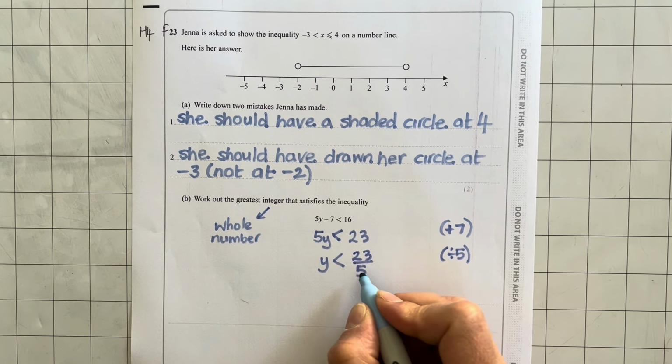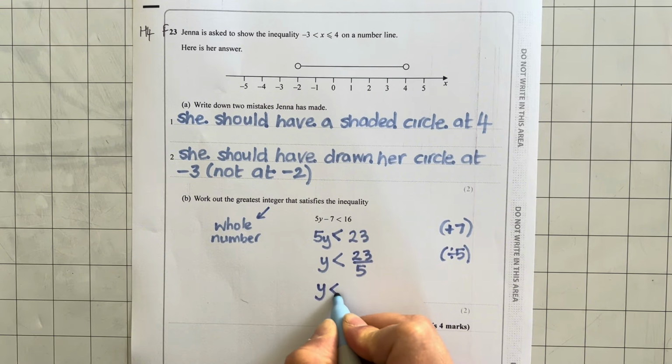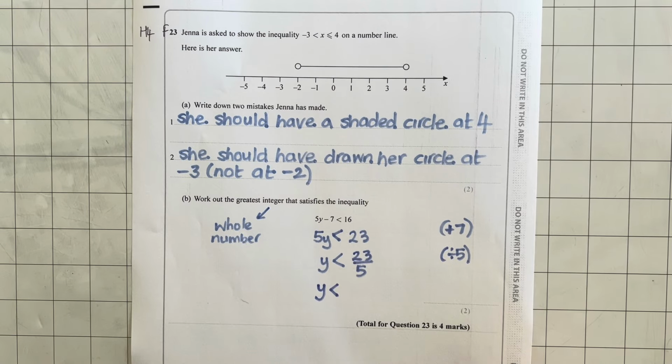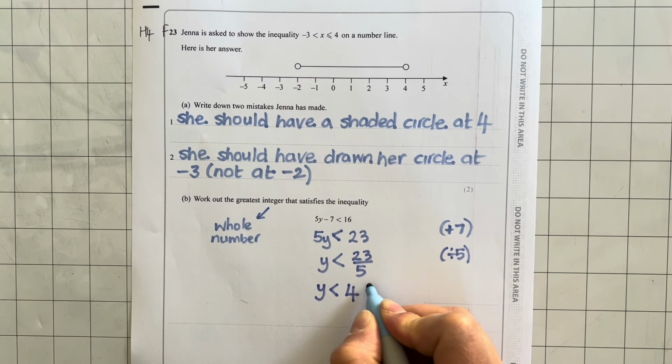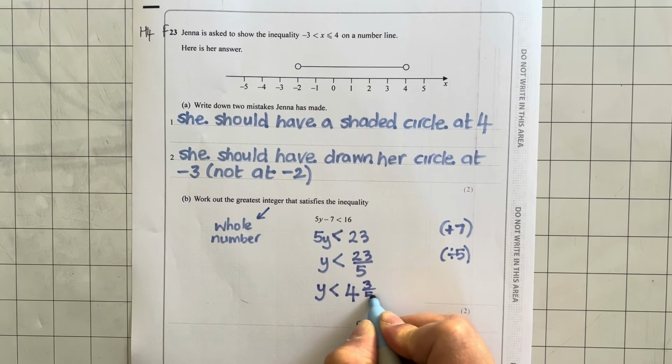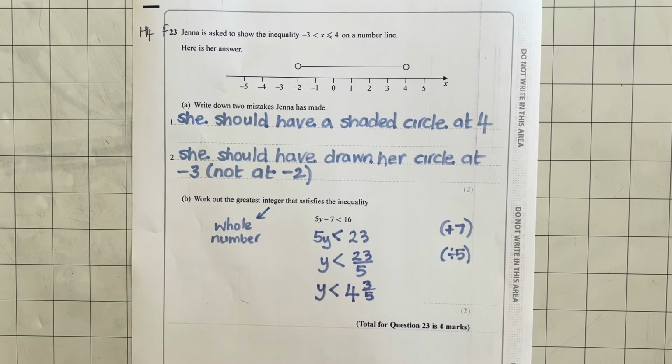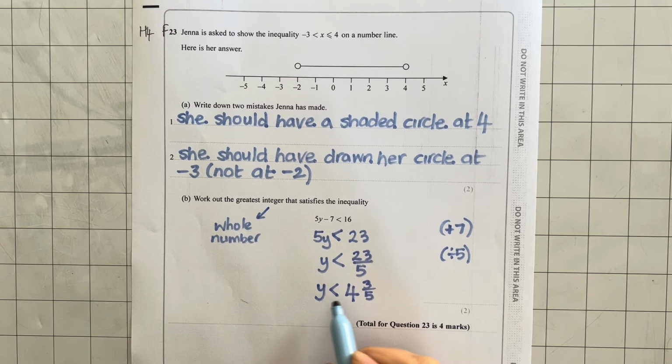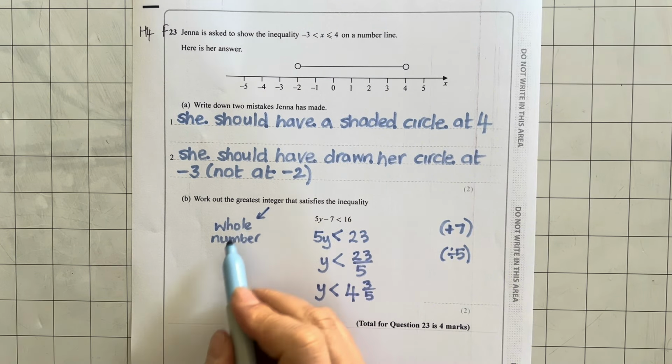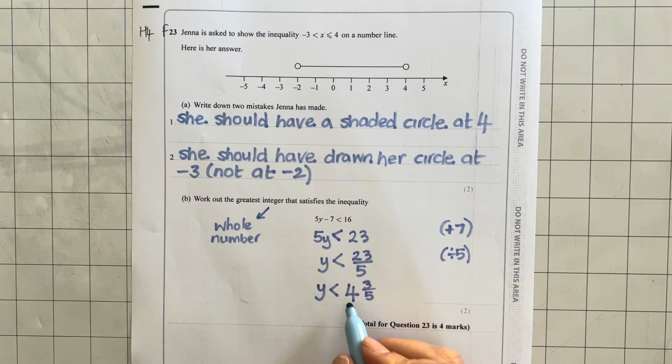This is an improper fraction, so we can write it as a mixed number, which would be 4 wholes and 3/5. So we found that y is strictly less than 4 wholes and 3/5, which means the greatest integer, the biggest whole number that y could possibly be, is 4.